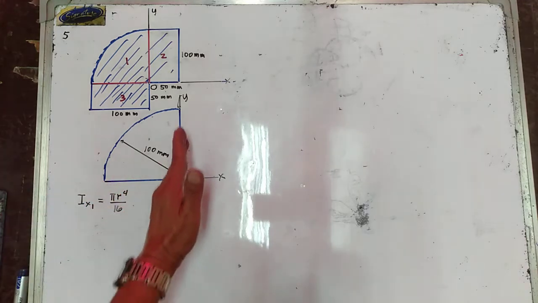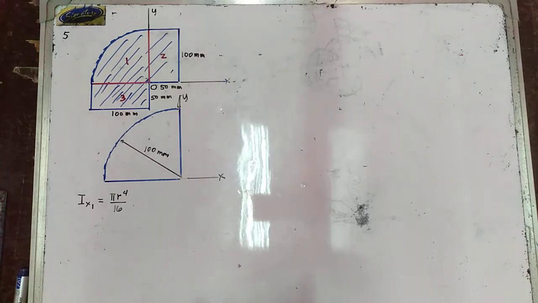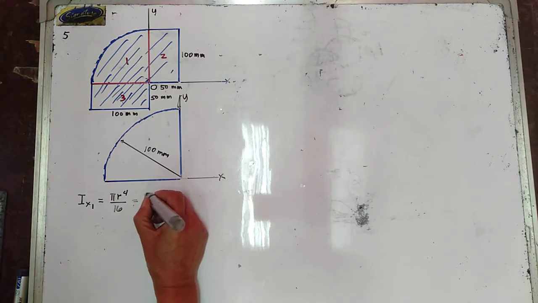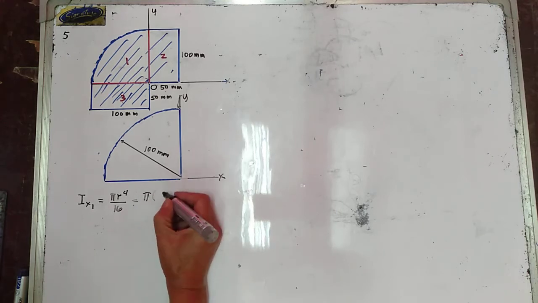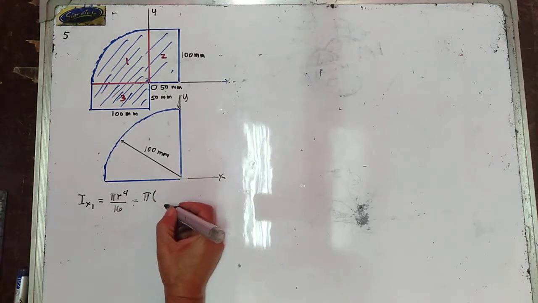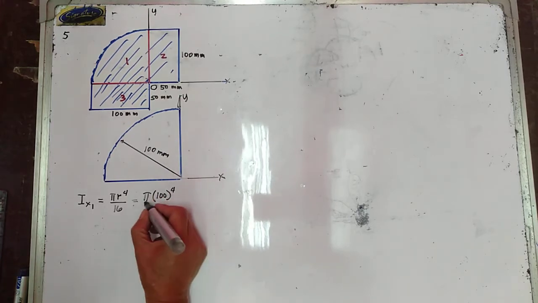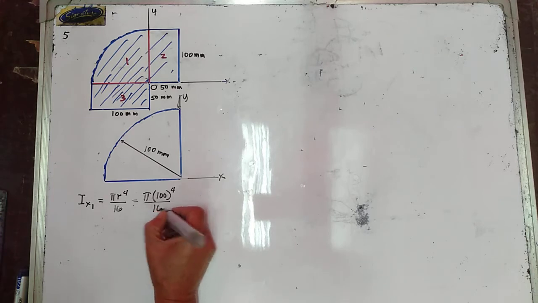Okay, you try to look at the orientation of the axis. So this is equal to pi, multiply this by the radius, and the radius is 100 raised to the fourth all over 16.